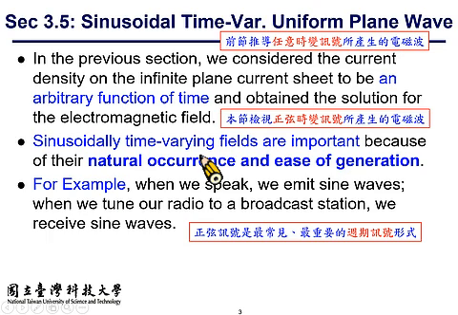In the previous section, we considered the current density on the infinite plane current sheet, which can be used to produce uniform plane wave. However, we didn't discuss the time domain function of the current density function. And we assume that any arbitrary function can be applied.